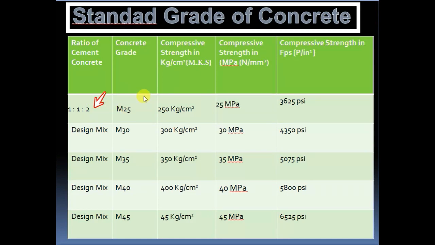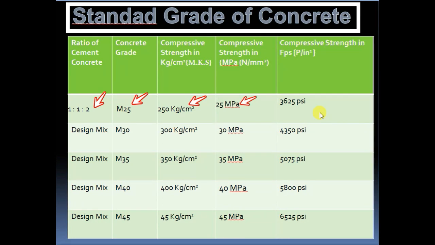In these standard grade designs, 1:1:2, that is M25, has a compressive strength of 250 kg per centimeter square and 25 Newton per mm square, or you can also say megapascals.